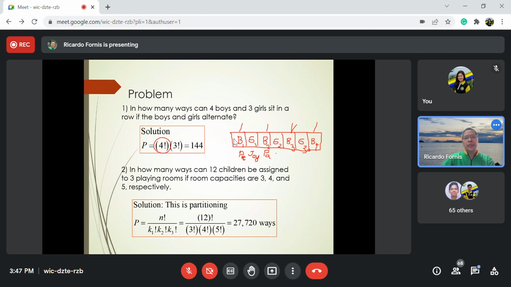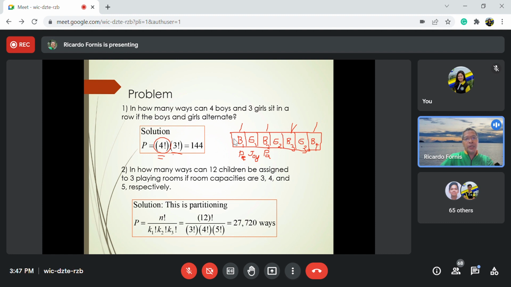Okay. Then simultaneously, the girls can also be arranged in 3 factorial different ways. So in total, if you apply the principle of counting, the boys can be rearranged in 4 factorial ways.